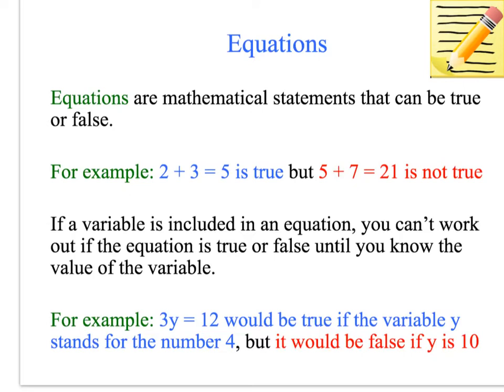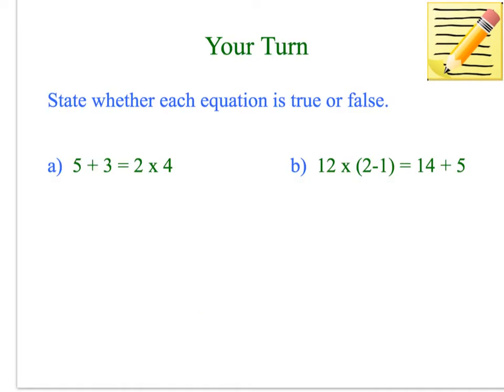Therefore, 30 equals 12 is not a correct equation, it is false. So they can be true or false, but you need to know the variable before you are able to work it out. Alrighty, so I want you to work out whether these equations are true or false.